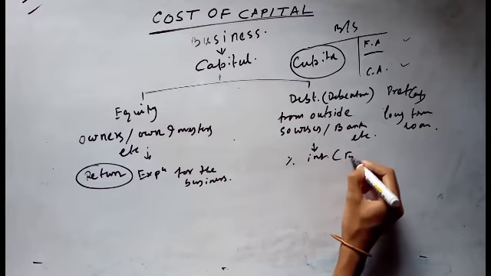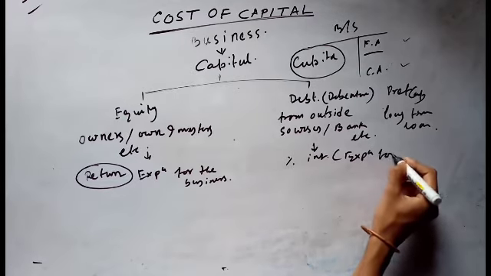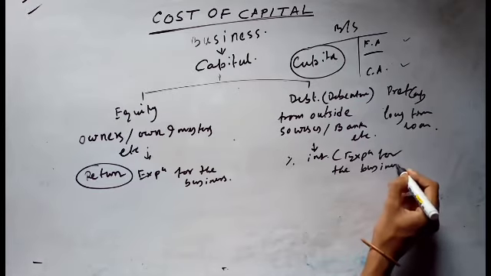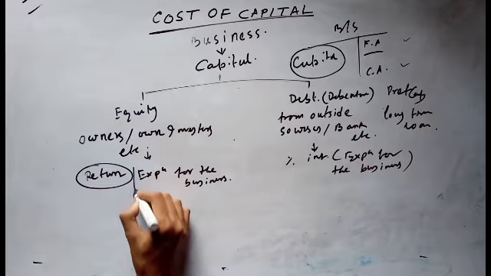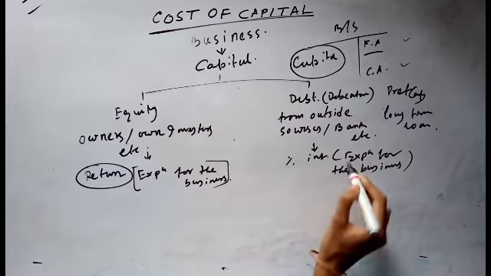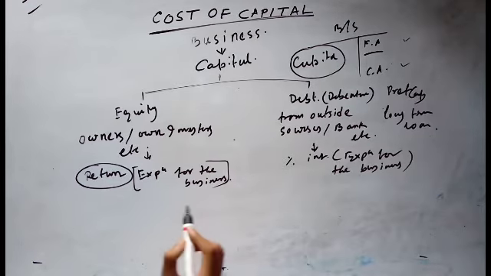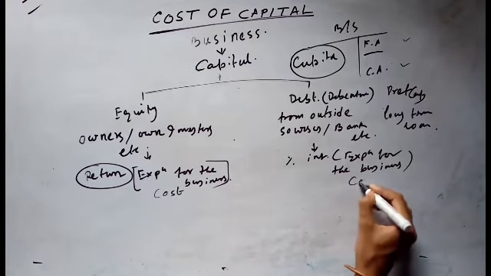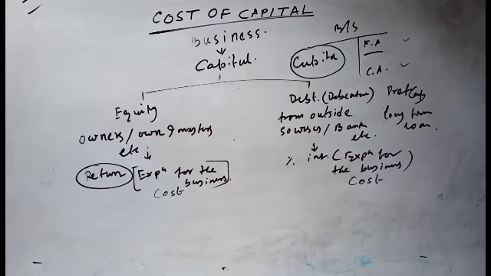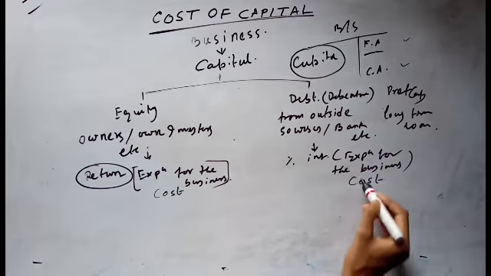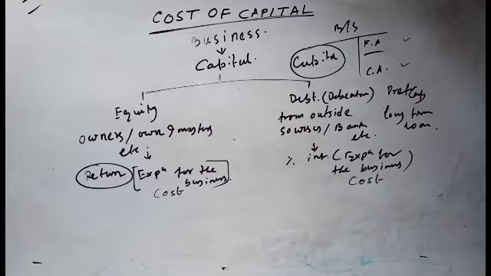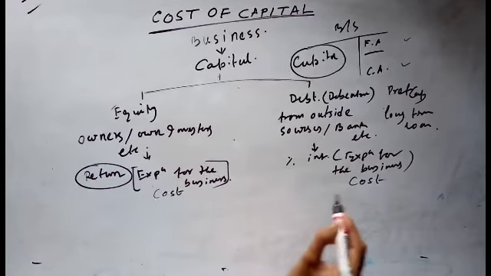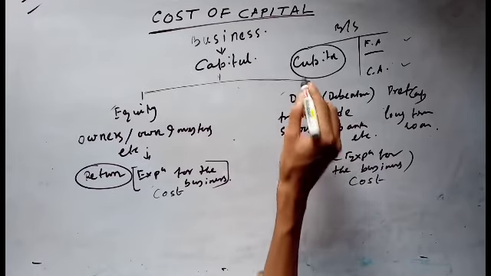This is also an expense for the business. That expense for the business is called cost. So both are cost. Now the thing is, this cost of equity is greater than the cost of debt.